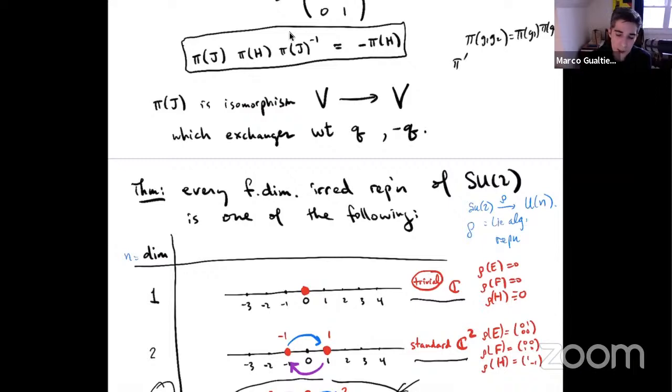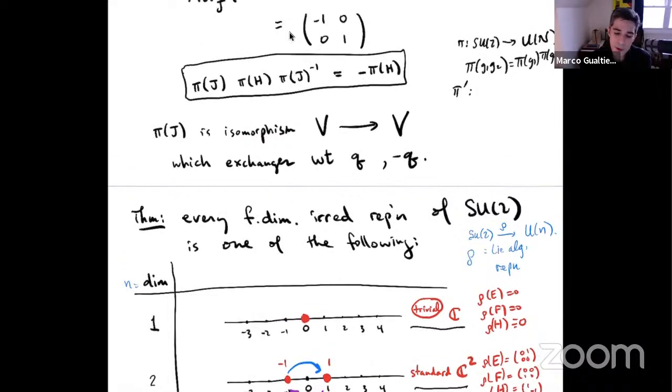That's what we called pi prime. This pi originally was from SU2 to U(N), a unitary representation. So pi prime would be the derivative, so it would go from the Lie algebra to the Lie algebra.